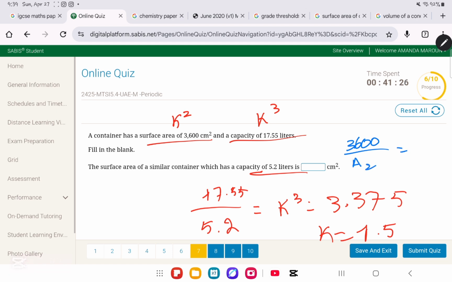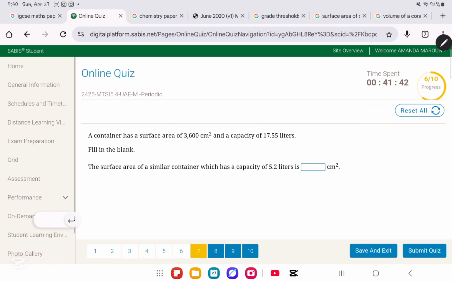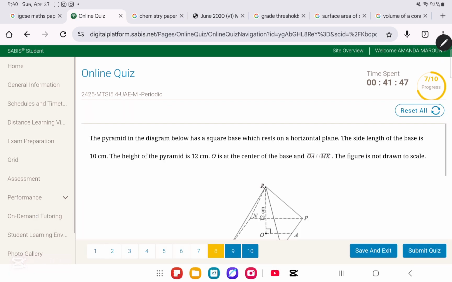So k squared, it's going to be 2.25. So very simply, the surface area 2 is equal to 3,600 over 2.25. So it's going to be 1,600 centimeter cubed. So the answer over here is 1,600 centimeter cubed.